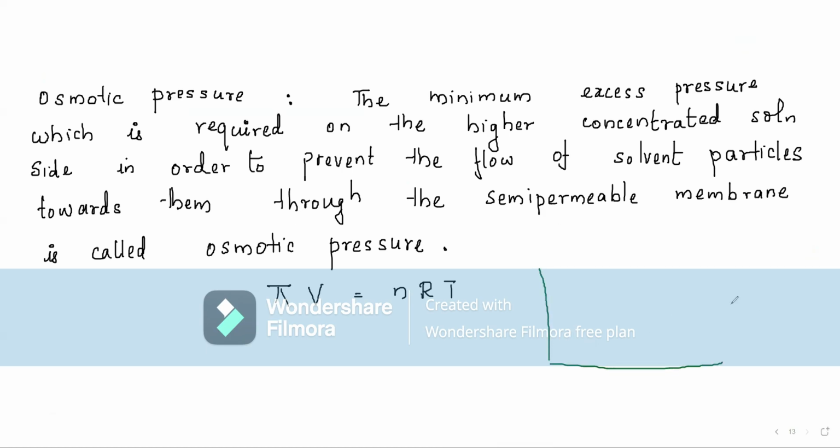Diagrammatically, if we represent osmosis like this, I have taken a tank. Somewhere at the center, I have taken the semi-permeable membrane. And on one side of the semi-permeable membrane, I have taken dilute solution, and on the other side, concentrated solution.